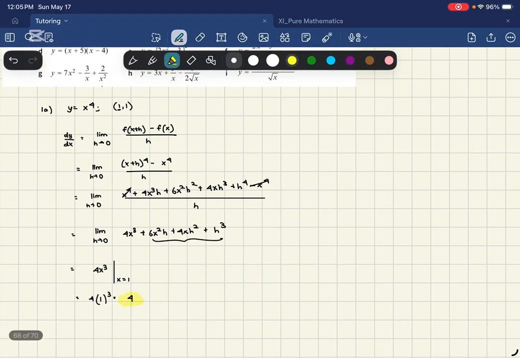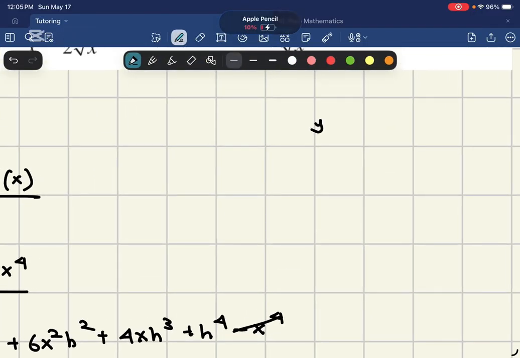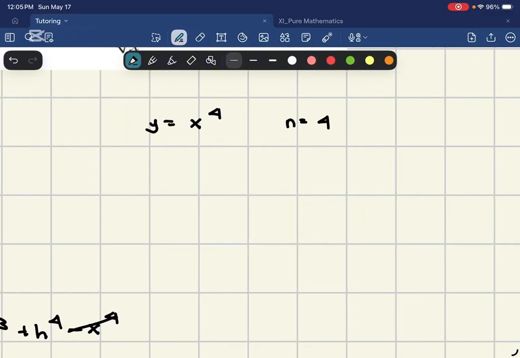This is we use the definition to get 4. Now let's use the formula directly. So y is going to be x to the power 4. This 4 is your n. Remember, n is your 4, right? d by dx of x to the power n is n x to the power n minus 1.